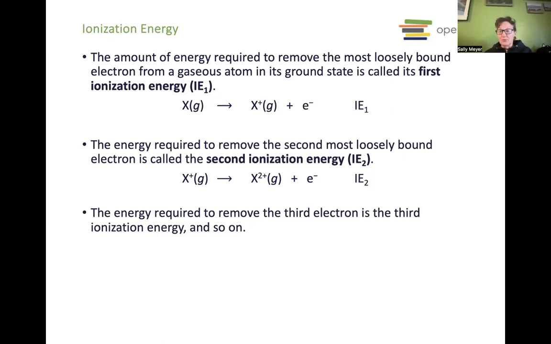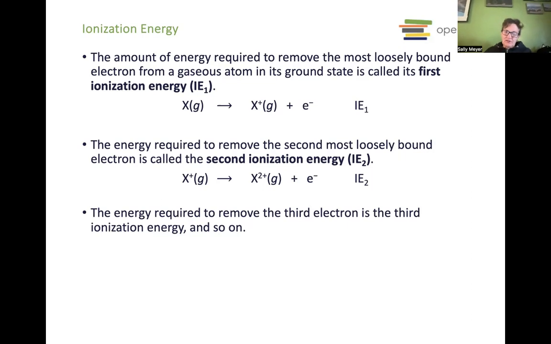You can also remove a second electron. And so the second ionization energy would be to start with your cation where you've already taken off an electron and remove a second one. So that second equation represents, if you had an ionization energy number 2, the energy for that process. Take an electron off of an already positively charged cation and make it a +2 cation.